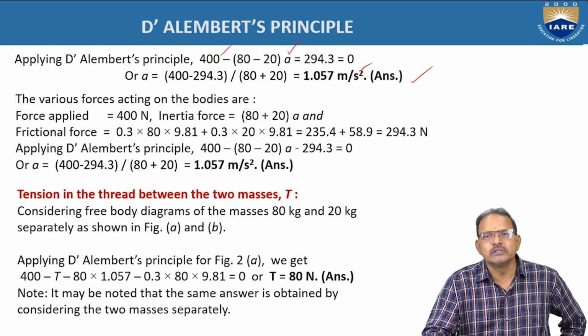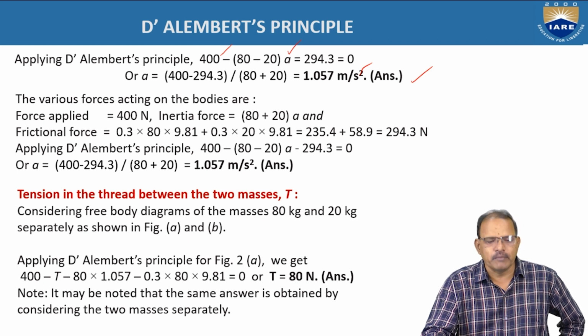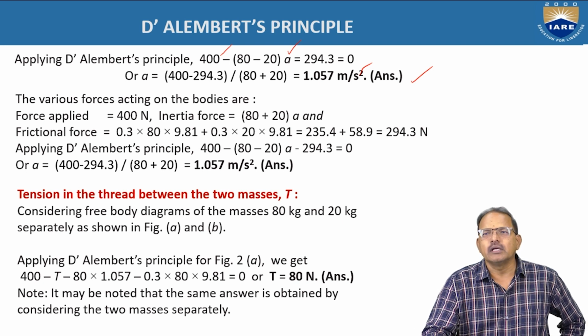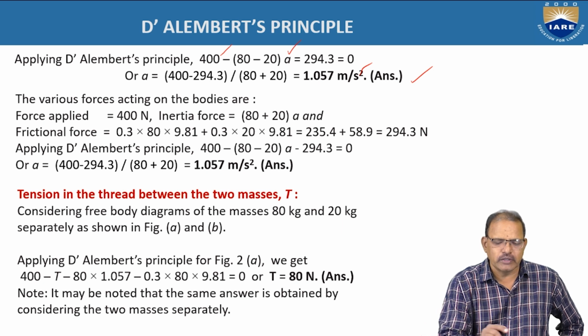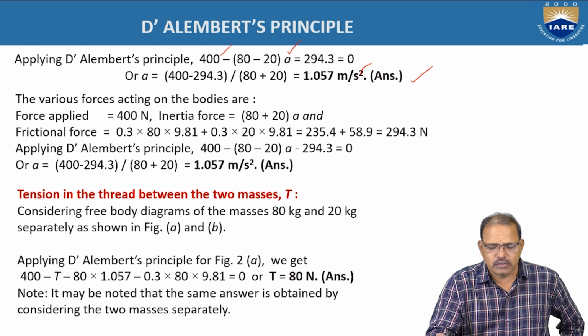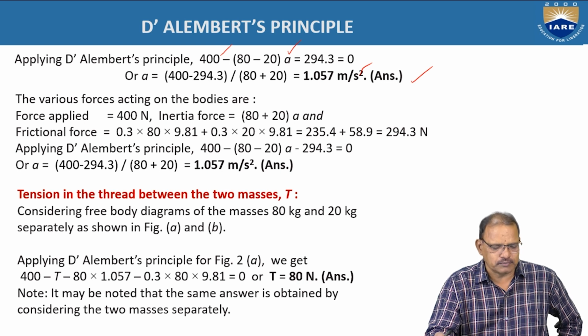Here we determined A by assuming that the two bodies, 80 as well as 20, are treated as the same body, because they are moving with the same acceleration. Hence, A is equal to 1.057 meter per second square.